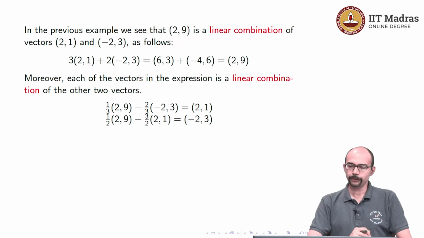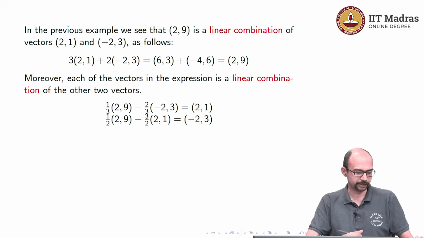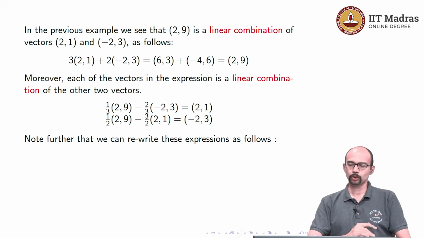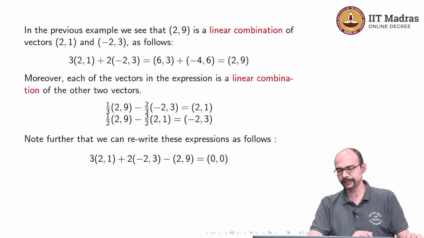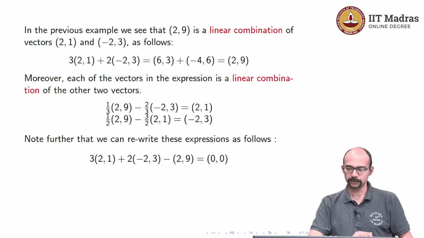Or we could write (-2, 3) as a linear combination of (2, 9) and (2, 1). How do we do that? We take (2, 1) on the other side and then we divide by half, and indeed that's the expression we get. So this is similar to what happened before, and once again there is a third way we can write this expression, namely by taking (2, 9) on the other side, and that gives us the 0 vector on the right.